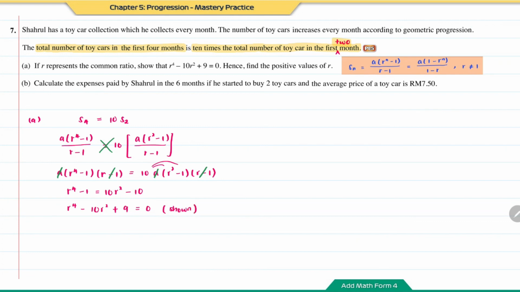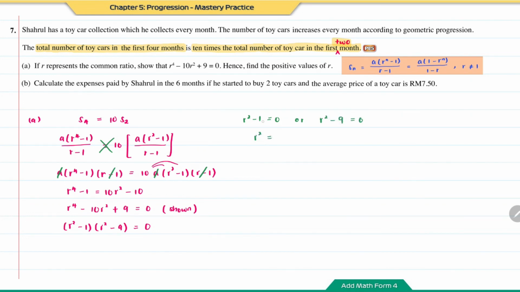the equation in A. Next, we want to find the positive value of R. This one we can solve just like a quadratic equation. So first we're going to do the factorization. From here we're going to get R squared minus 1, another bracket R squared minus 9, equals 0. So now to find the positive value of R: R squared minus 1 equals 0, or R squared minus 9 equals 0.